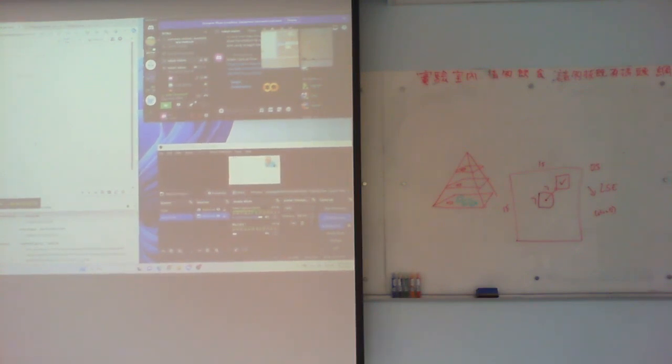Float 32, float 64. Oh, because I hadn't changed the key again.